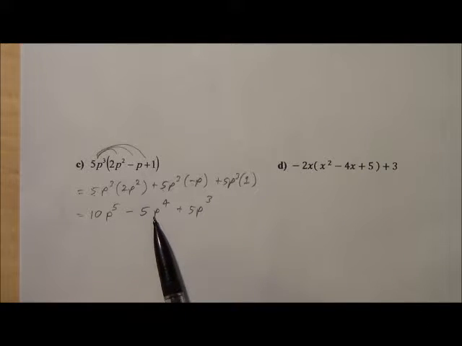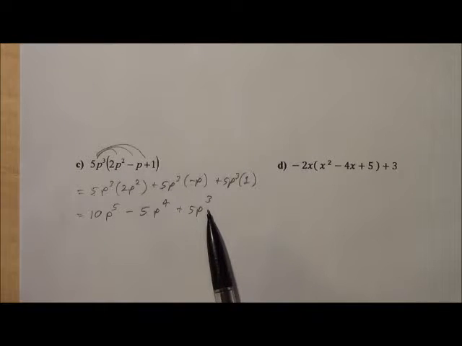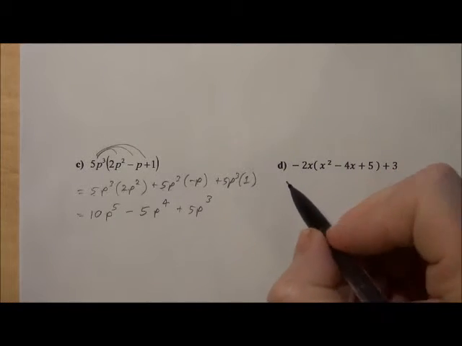So we cannot combine these any further, we cannot simplify it any further, because they're all different terms. Okay, so this stays exactly as it is with no further simplification. We'll move along here.